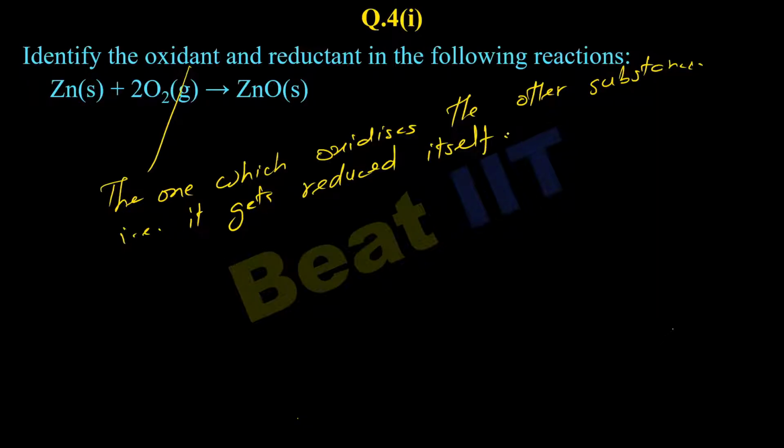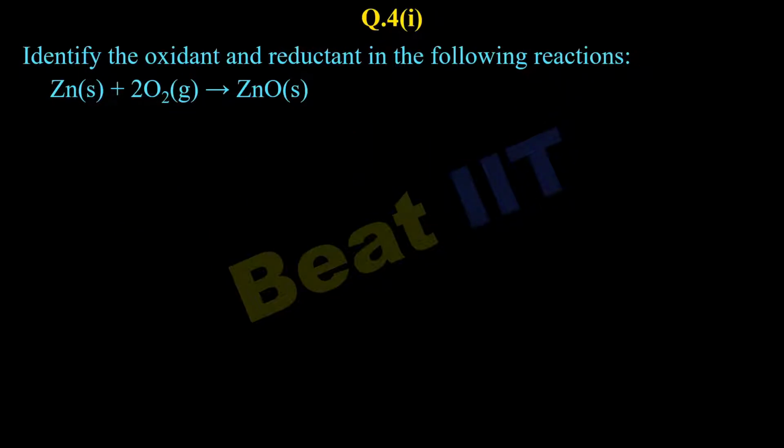So tricky one, sometimes students make mistakes here. Oxidant is that one which is getting reduced, and reductant is that one which reduces the other one, means it gets oxidized. So first we need to identify the oxidation part and reduction part.